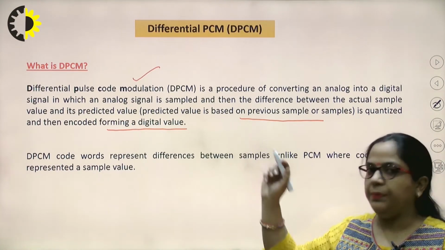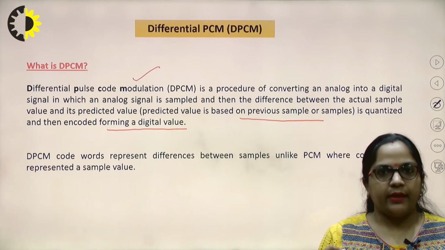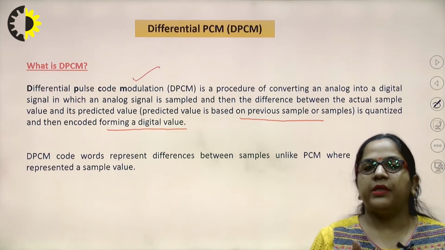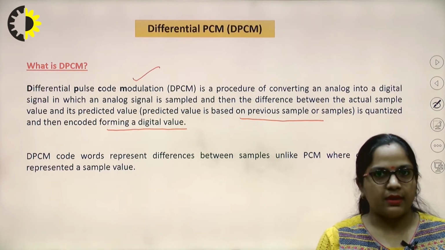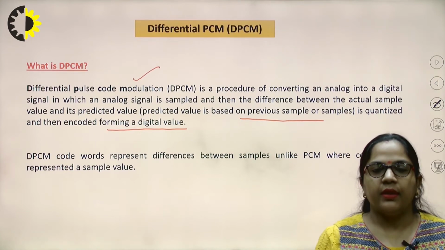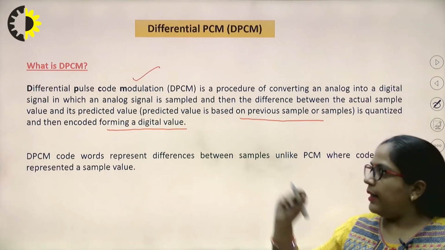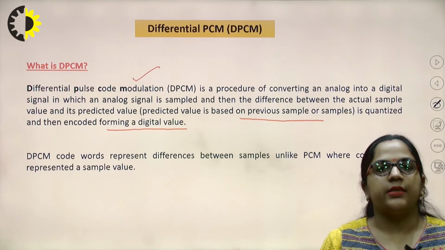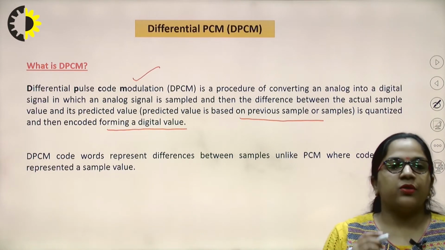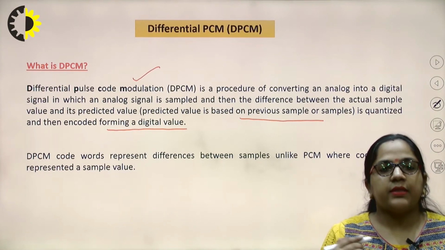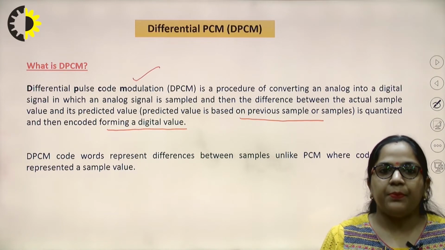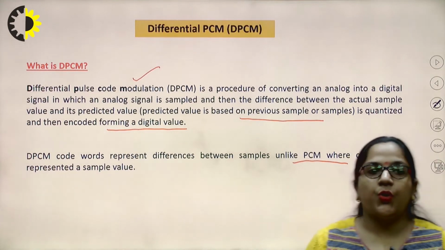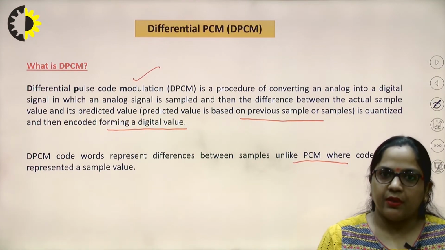That will provide us a digital data. Here in case of DPCM, rather than assigning binary to each sample, the difference of two samples will be considered, that is the current sample and the previous one, that is the predicted one, and their difference will be encoded into a digital signal. So, DPCM code word represents difference between samples, unlike PCM where each code word represented a sample value.